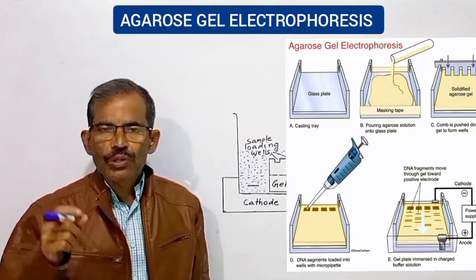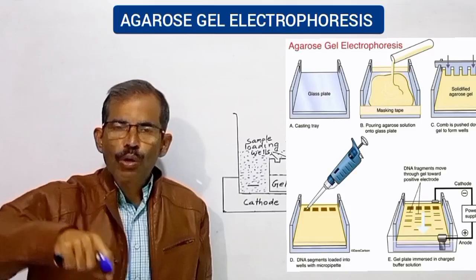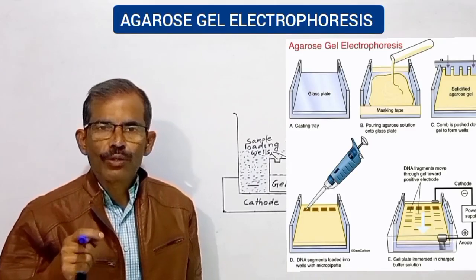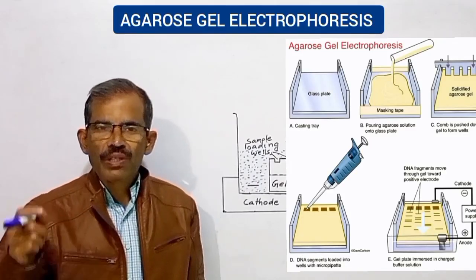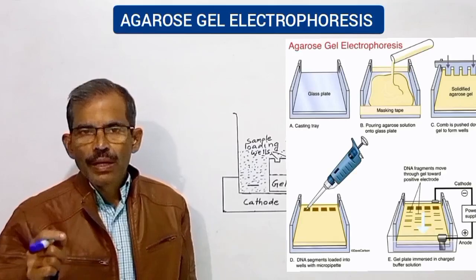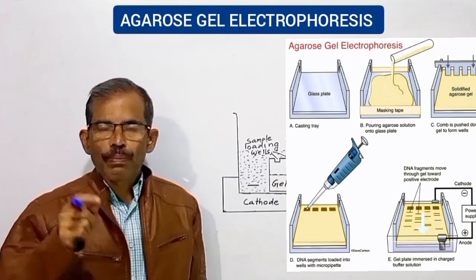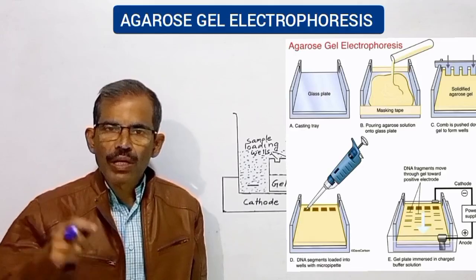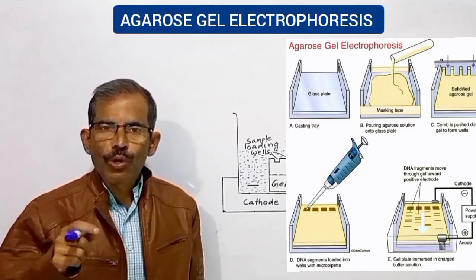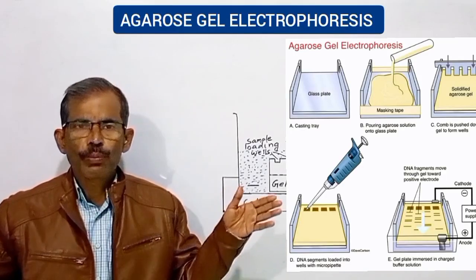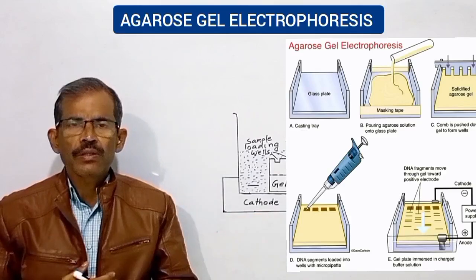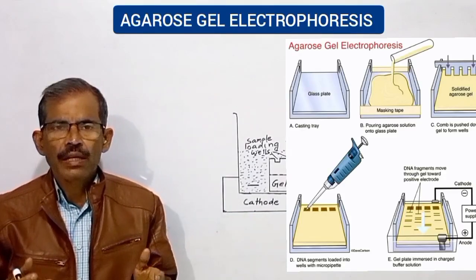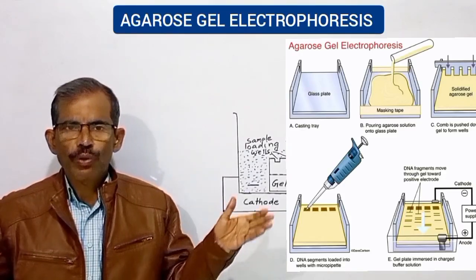The agarose solution is then poured into a casting tray to prepare gels of desired dimension. Plastic combs are placed at one end of the solution to make wells for sample loading. After a few minutes, the solution solidifies and a rigid gel is formed.